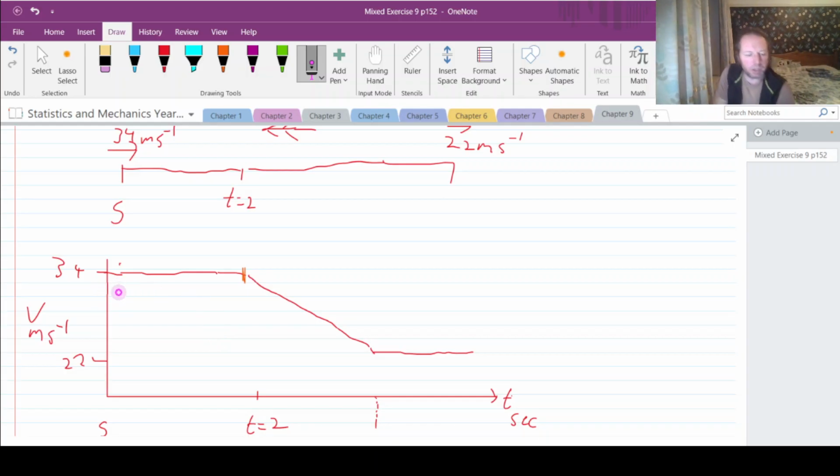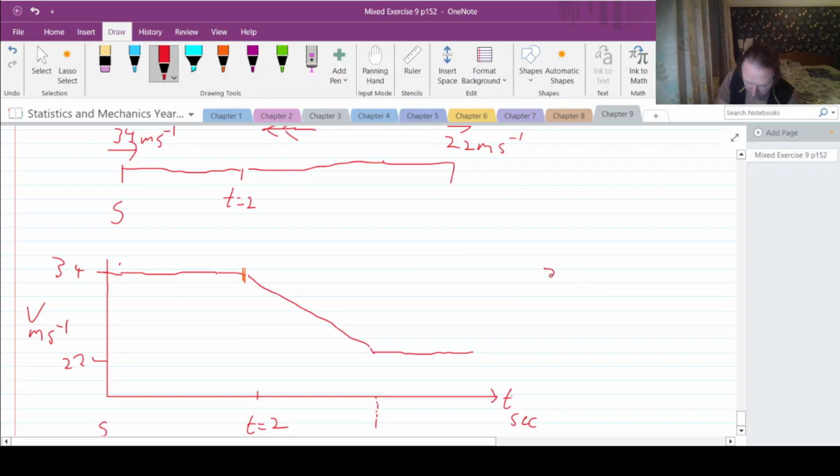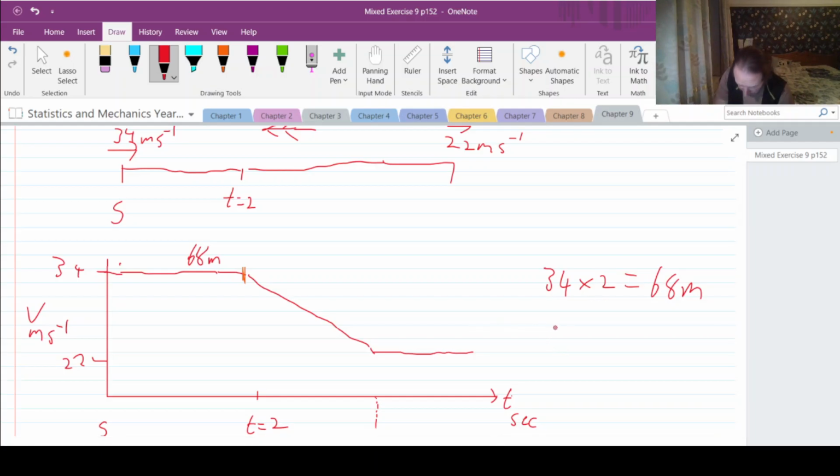So for this first section, the distance traveled is going to be the speed 34 times 2, which is 68 meters to begin with. Now the next bit, as we go from here to here, we can put a suvat in place.